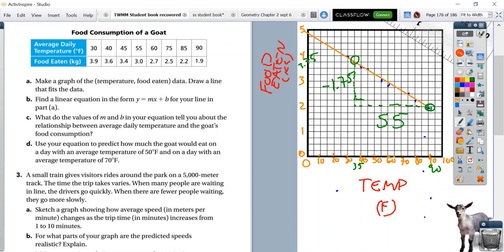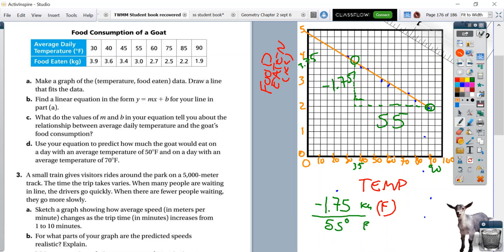So that means my slope is going to be negative 1.75, so that's kilograms, over 55 degrees Fahrenheit. So that's going to be my slope.